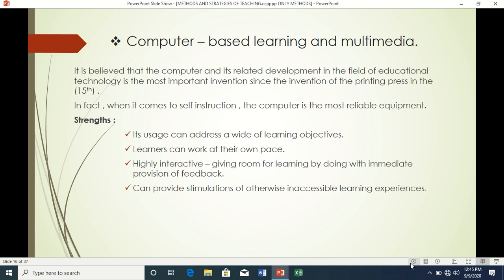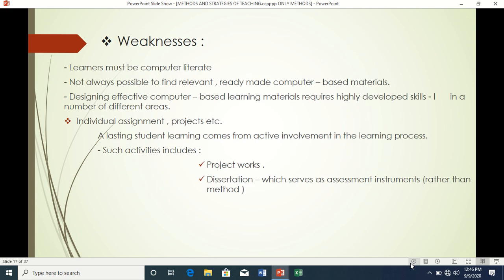So the computer now has become the stage where so many literates, teachers, learners, as individuals use to enhance their teaching and their learning. One disadvantage, however, or one or two: it is only the individual who is computer literate who can use it.